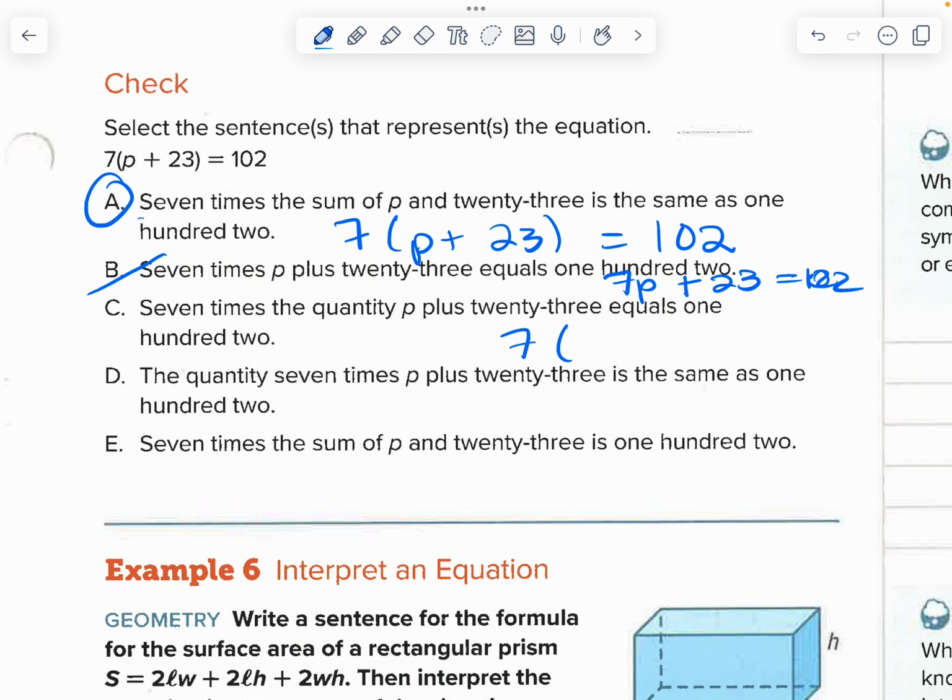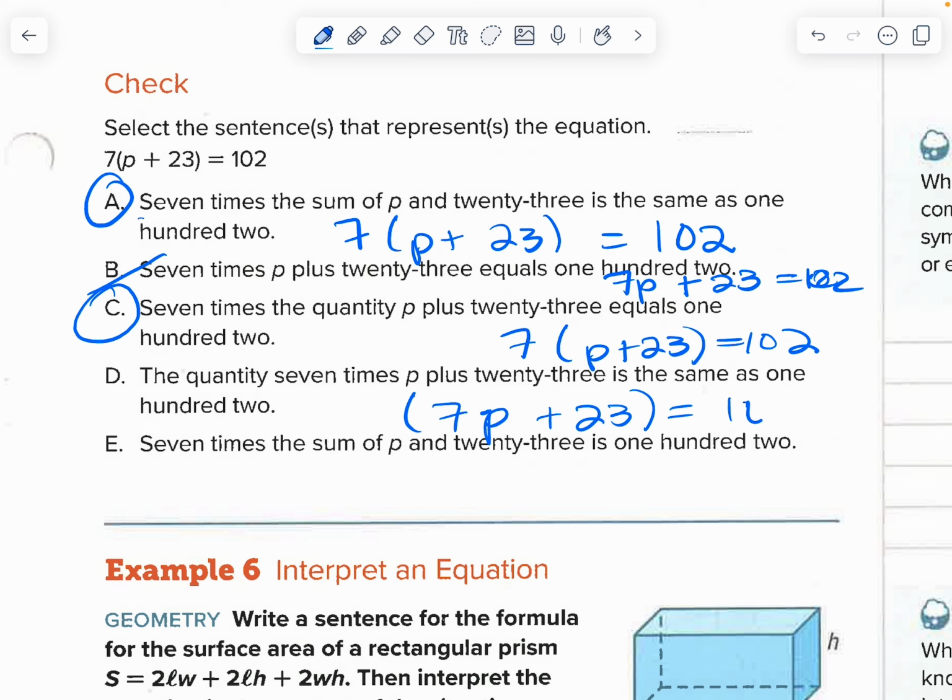7 times the quantity p plus 23 equals 102. Yes, that works. The quantity 7 times p plus 23.